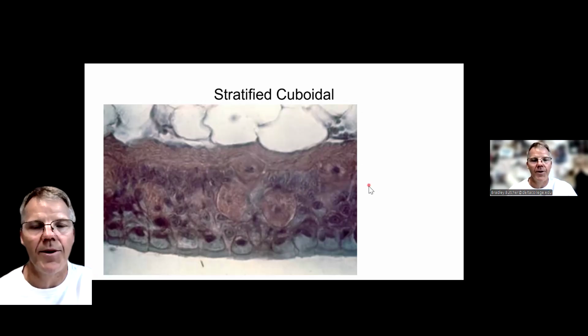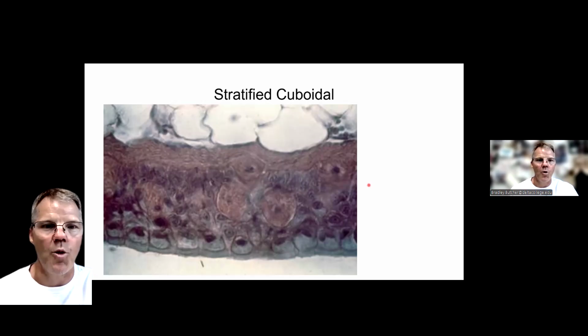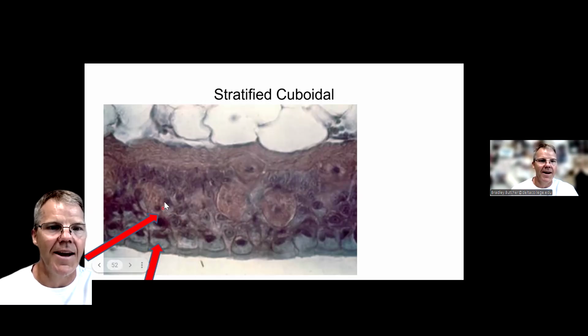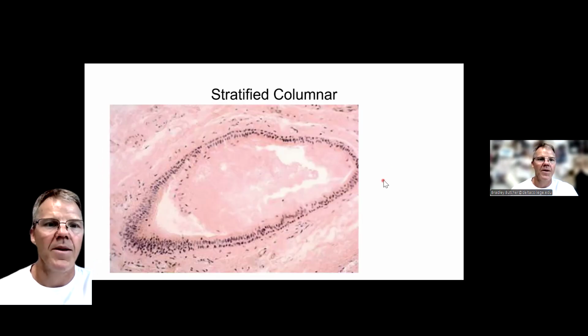Here we're looking at stratified cuboidal. I kind of think this one looks like rotten corn, but I see some circular looking nuclei, and I see them stacked on top of each other. So this would be an example of stratified cuboidal.